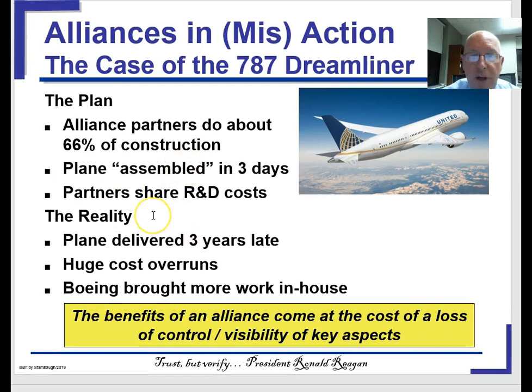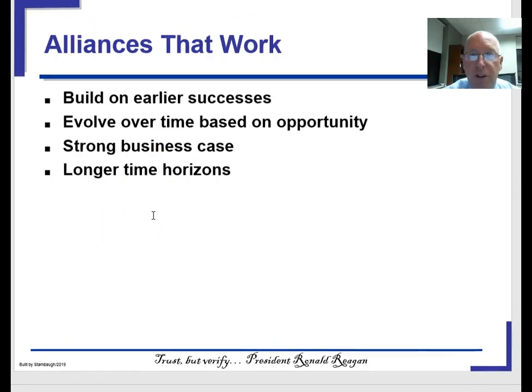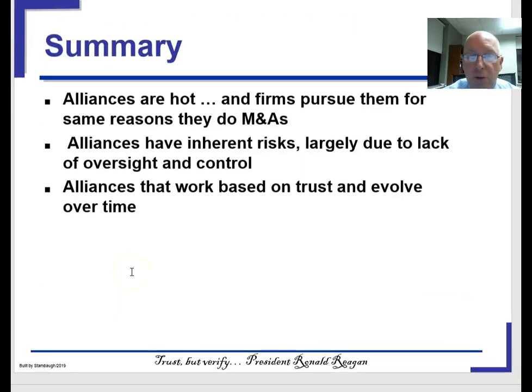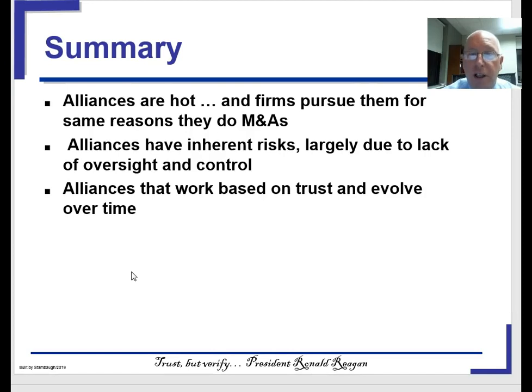And there are no questions about the 787 specifically. Well, actually, let me back off on that. We illustrated in class a very important point of the benefits of the alliance are what we've been talking about, but we don't talk about sometimes what's key is the loss of control and visibility. So I think that is a test question. I'm glad I didn't go too fast on that.